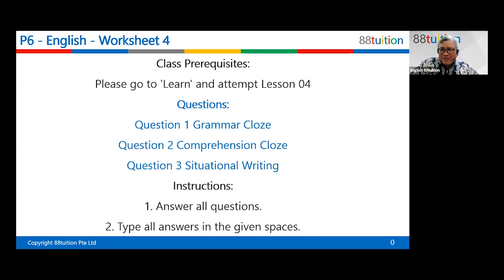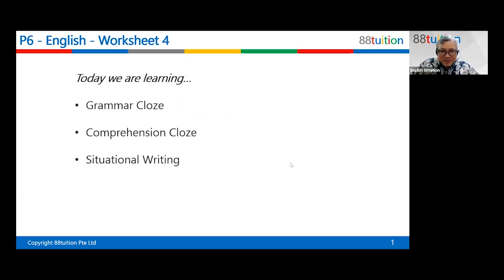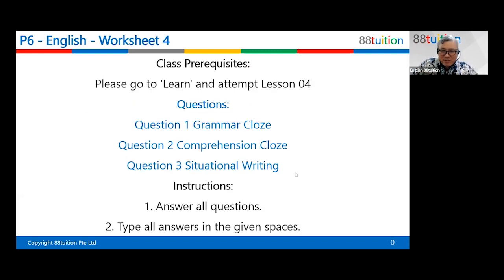Not so creative as the last time, not so open to imagination, but nonetheless, still some scope for a little bit of creativity. Okay, we need to create ideas in order to flesh out the points that are given to us under those bulleted guidelines, right? So answer all the questions as they come up.